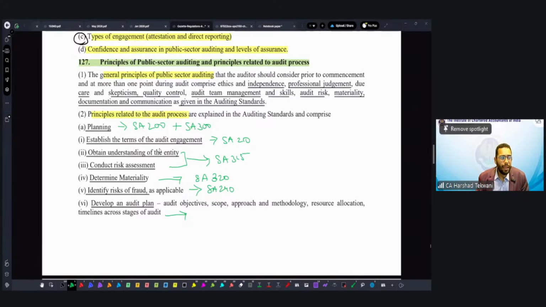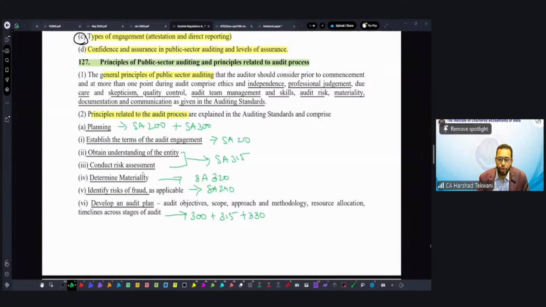Developing an audit plan. Come on, quickly. This is SA 300 plus 315 plus 330, because when I talk about the plan, you plan in SA 300, but a lot of things we discuss in 315 and 330 also.